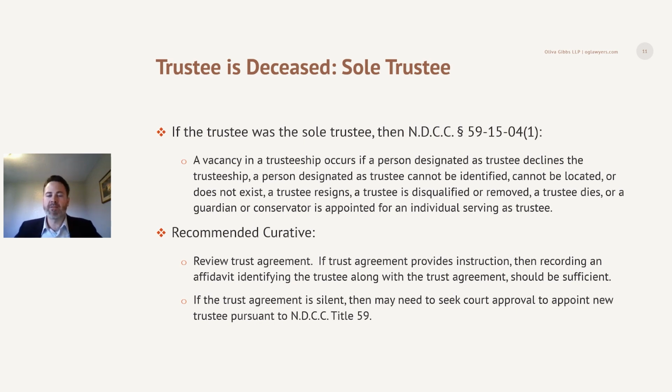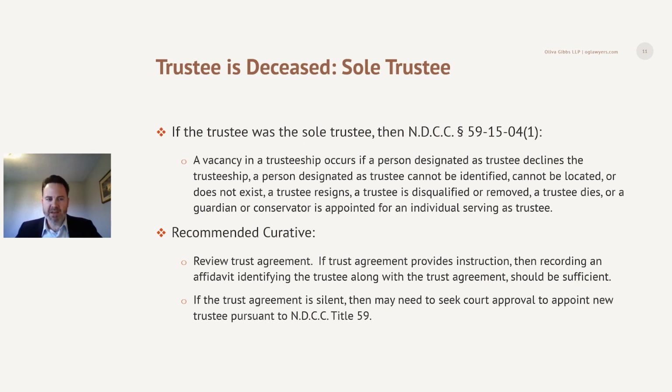Finally, what if it is later discovered that the trust still owned property after it had been thought to have terminated? Well, theoretically, as long as the trust holds assets, it shouldn't be able to terminate.